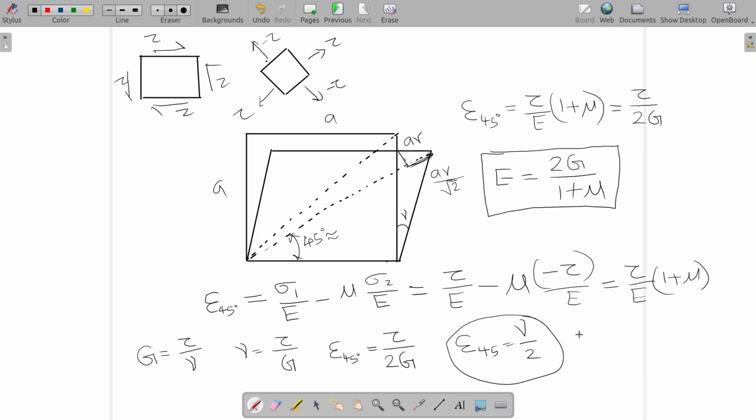So in that case, epsilon 45 is equal to change in length, which is a gamma by root 2, divided by total length or original length, which is a root 2. A root 2 is the total length of the diagonal. It's actually changing a little bit, but assume that this deformation is very small.